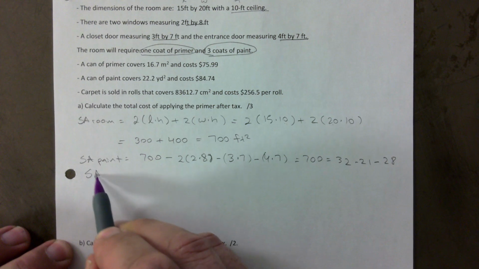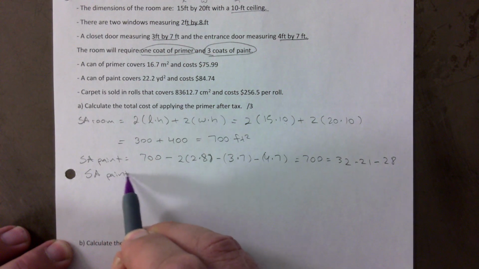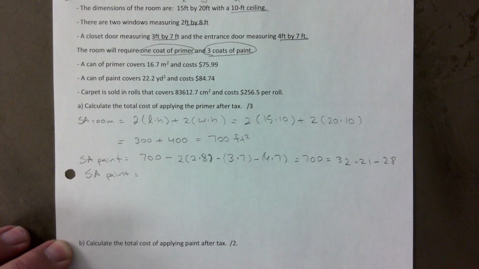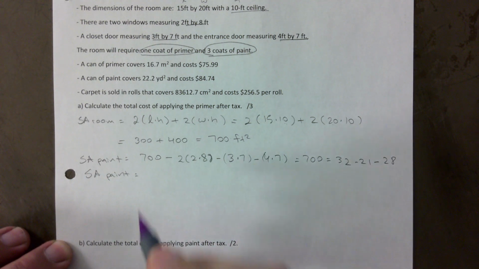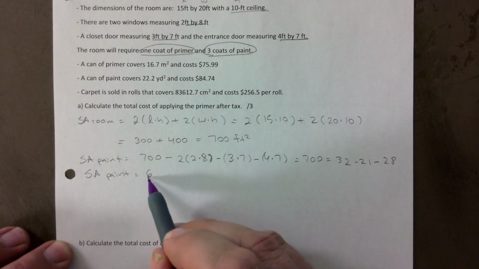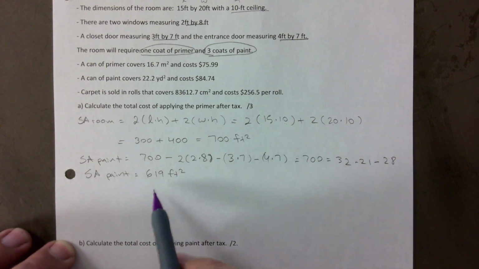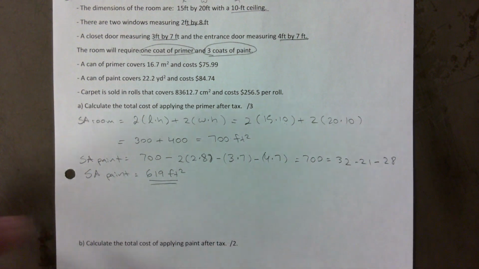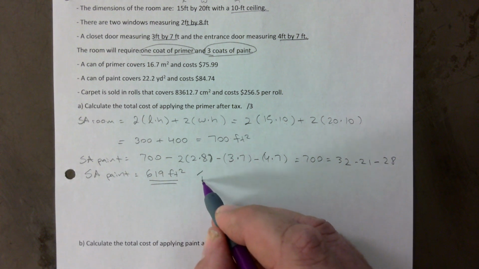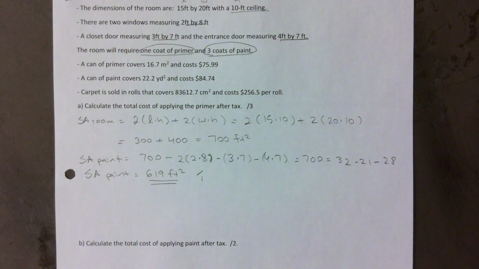So the surface area that needs to be painted, or in this case primered, we don't use that really, but that would be 619 square feet, okay? So that normally would be worth a full mark. If you want to treat this as an AC, I'd give that number a mark here.